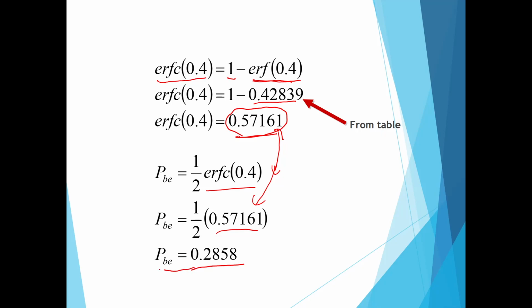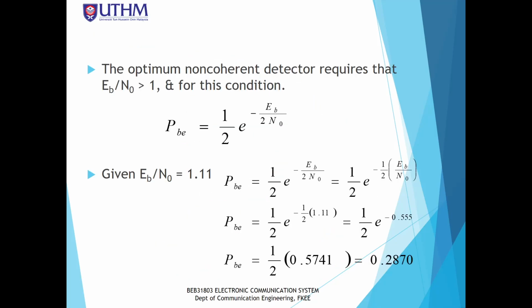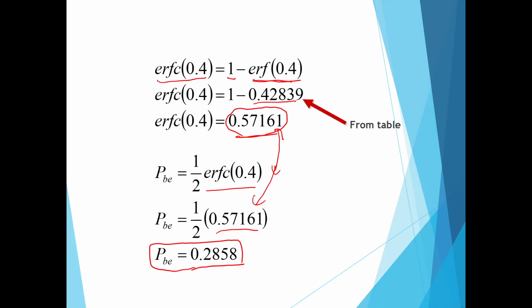This is the probability of bit error in the receiver for EB over N0 equal to 0.32. For different values of EB over N0, it is going to produce different values of probability of bit error. So this is the probability of bit error for coherent detection.